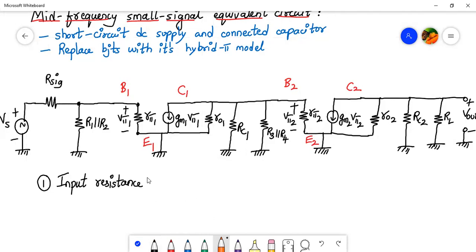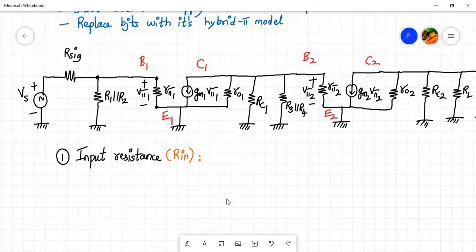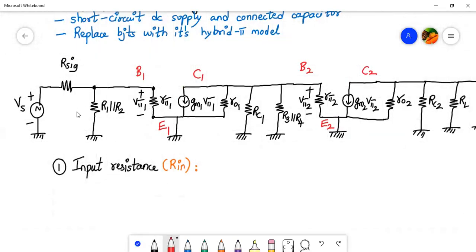Input resistance is denoted by Rin. Input resistance will be looking into this terminal over here. This is Ri, the input resistance of the amplifier, and there is one more. This is called Rin, the input resistance of the circuit, correct? So this is the amplifier and this is the circuit.